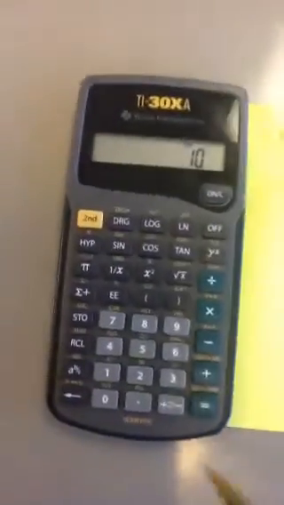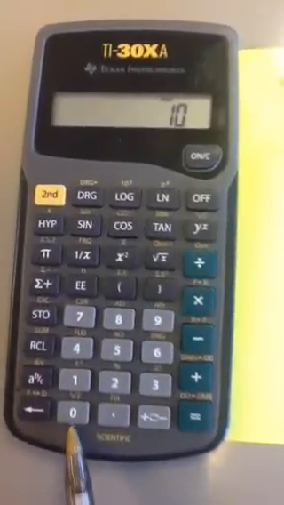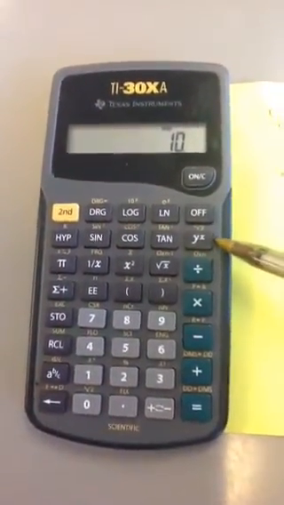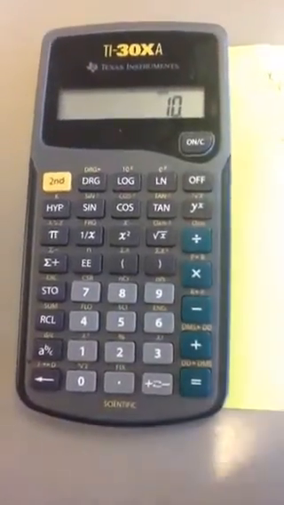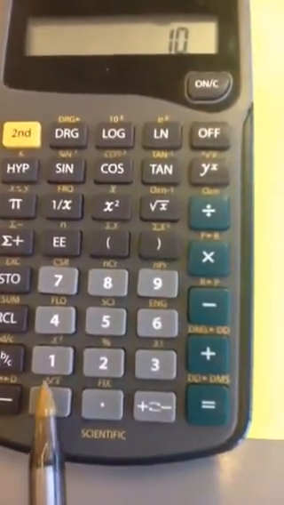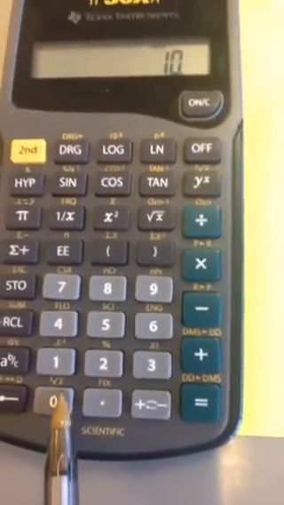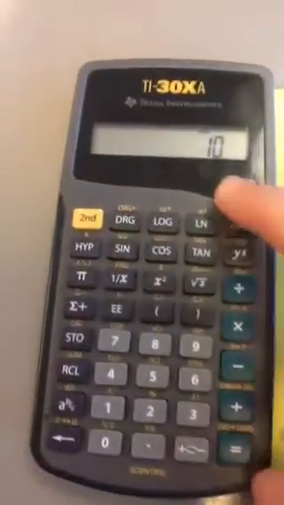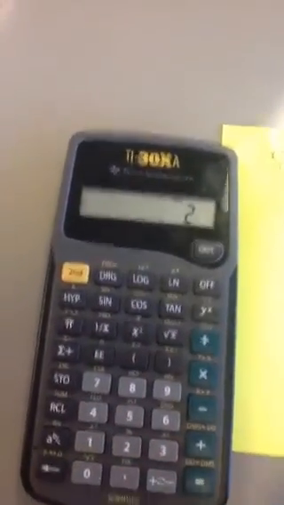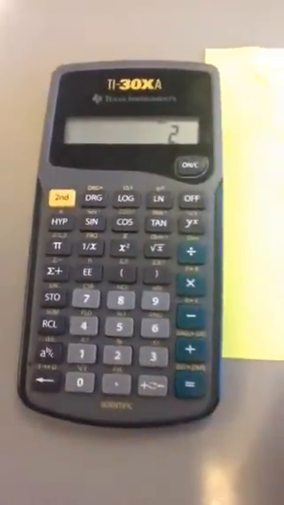You can also notice that right down here, if you can't remember to use the Y^X button when you're finding the cube root of something, if you come right down here above the 0, notice that it's got the little 3 root of a number. So if we go back to our example of the cube root of 8, I can hit 8, second, and 0, and that'll find the cube root for me.